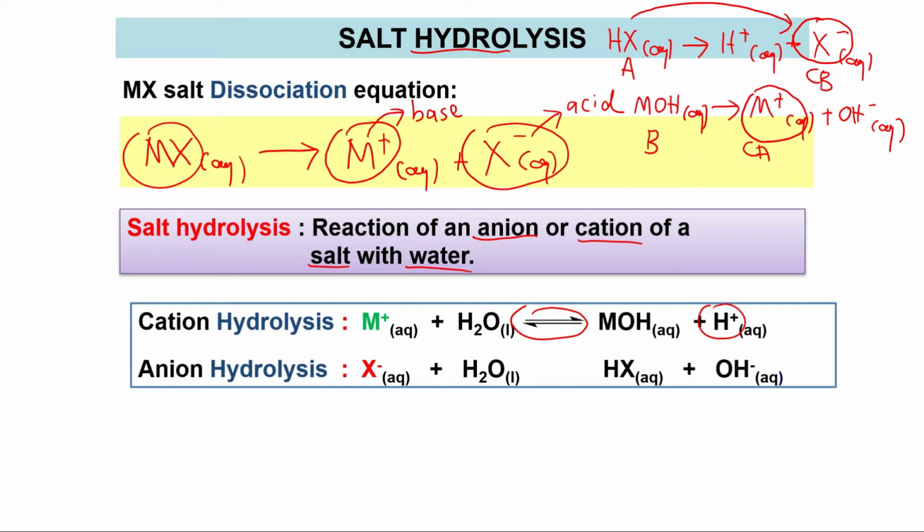So what happened to the pH? What do you think? Right, the pH will drop. Yeah, so it will become less than 7. Therefore, when the cation of a salt undergoes hydrolysis forming H+, the pH will be less than 7, and therefore the salt is an acidic salt.